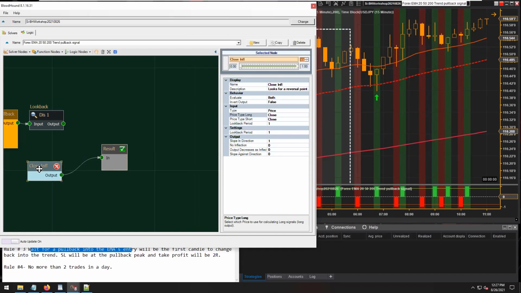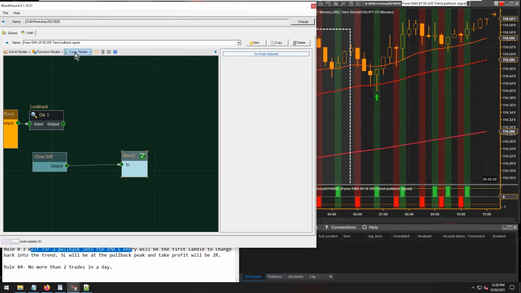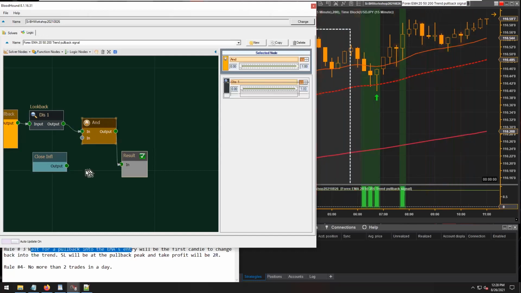So we can take this with another AND node, and there we have it.